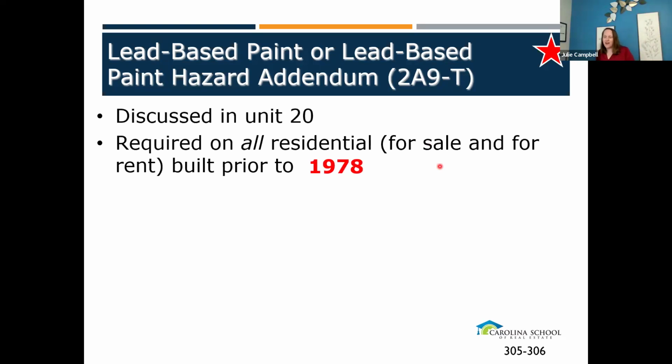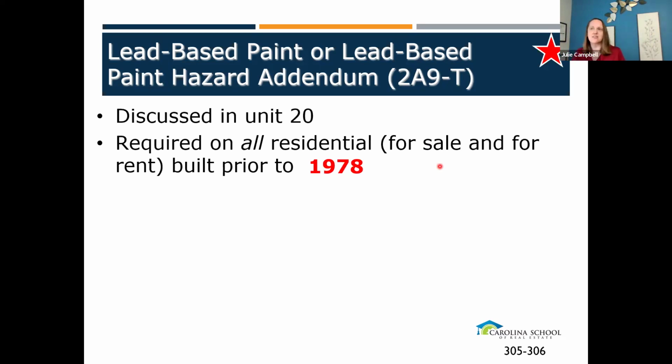Again, once you get past your test, you don't need to know that date because it's on our paperwork that we're using every day. We just got to get you through the tests. This form is not telling you that this home has lead in it. All this is saying is because of the year that it was built, it may have lead in it.